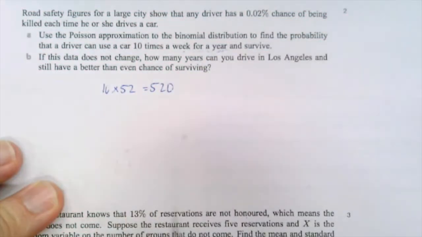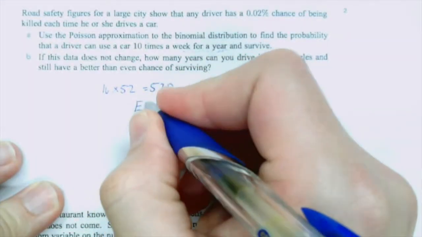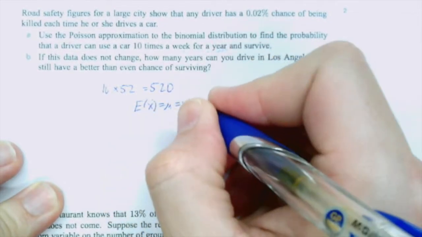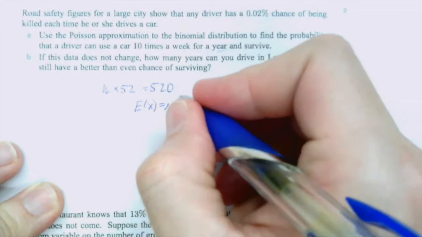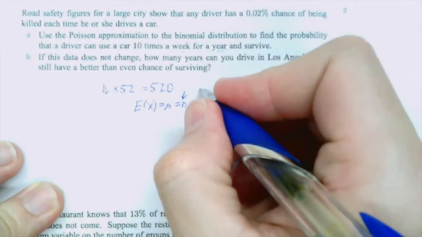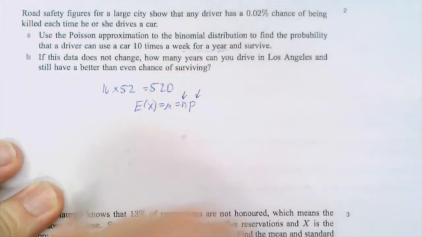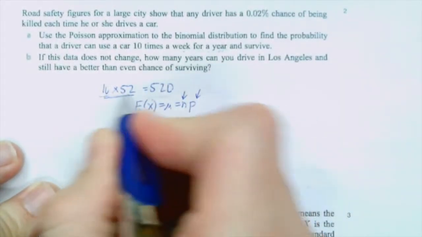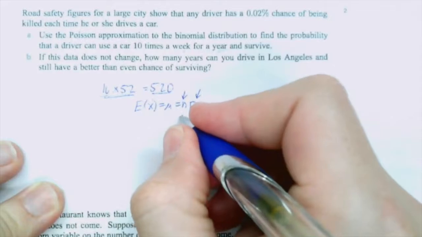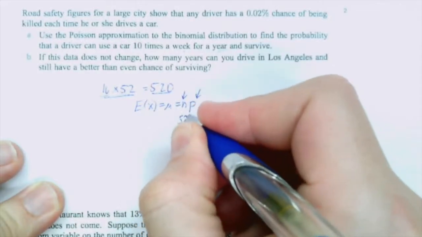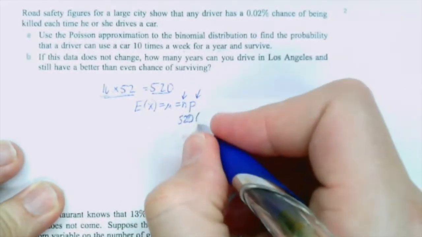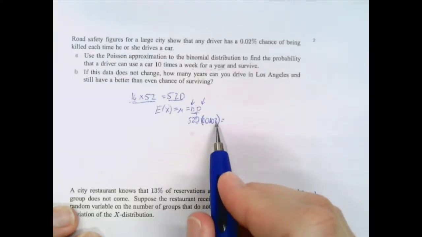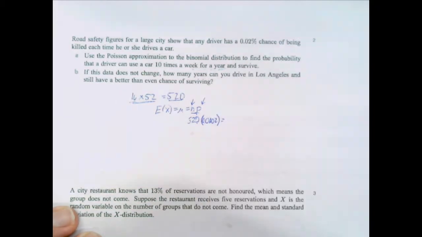Now remember, for binomial, the expected value, which is the mean, is simply np, the number of occurrences times the probability of that occurrence happening, which is basically what I just did. I'm going to take the number, 520 times they're going to drive the car, and the probability for each one is 0.0002, because it's a 0.02% chance, so move it over twice.